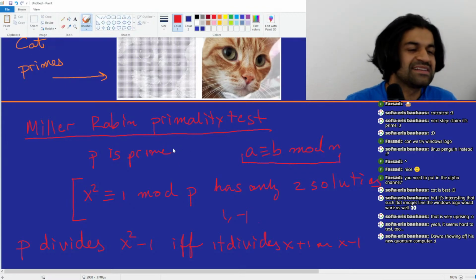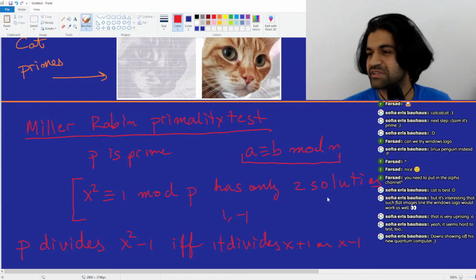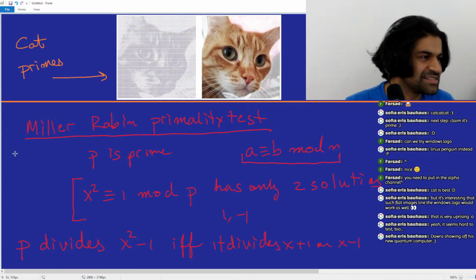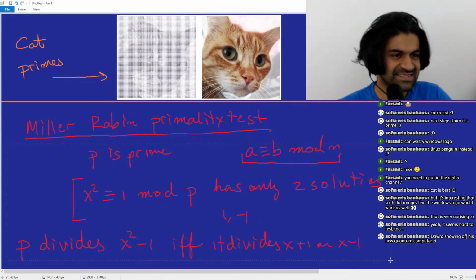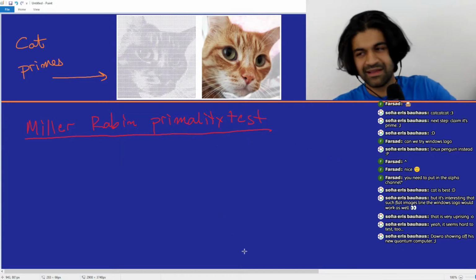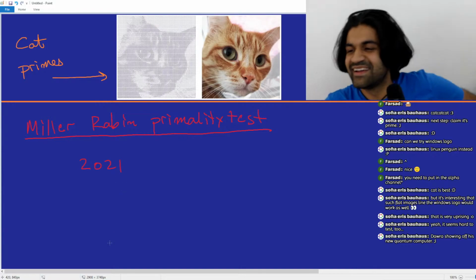We're really resting on this fact that x squared being congruent to 1 mod p has only 2 solutions, namely 1 and -1. So how does this factor into the Miller-Rabin primality test? I'm going to let you in on a little secret that might be interesting to you if you take a lot of math competitions, but 2021, let's see, what do you think?